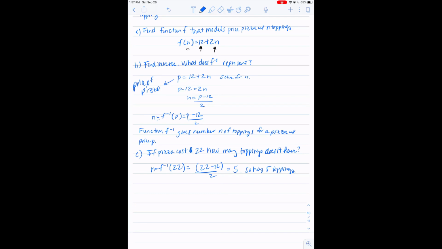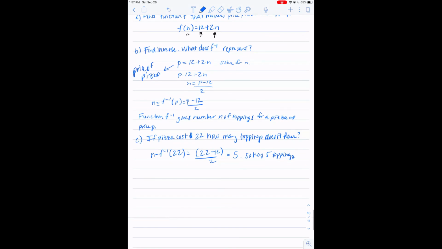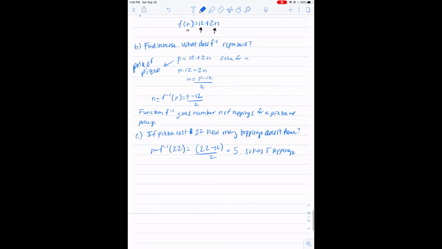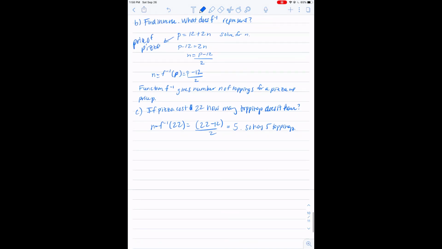So therefore n actually equals the inverse of p, and so that is (p - 12) over 2. So our inverse function gives the number n of toppings for a pizza with price p. And so we don't have to switch the n and the p back because this is the inverse of p and not the inverse of n.